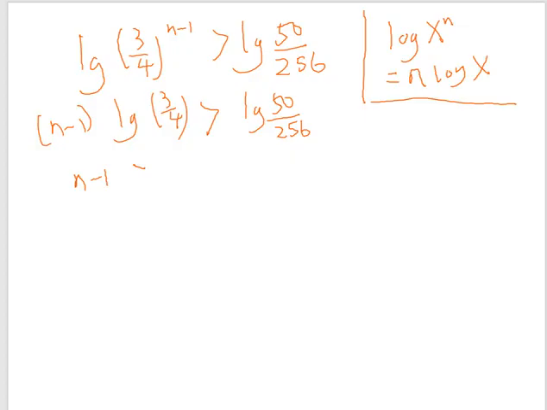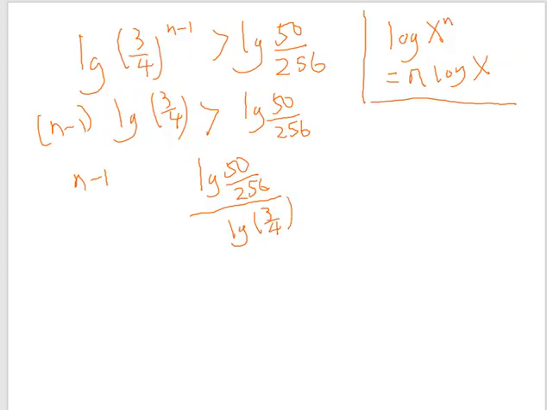You have to be careful at this step. Okay, careful at this step. So divide by log of 3/4. So on the right hand side it should be log of 50 over 256 divided by log of 3/4.